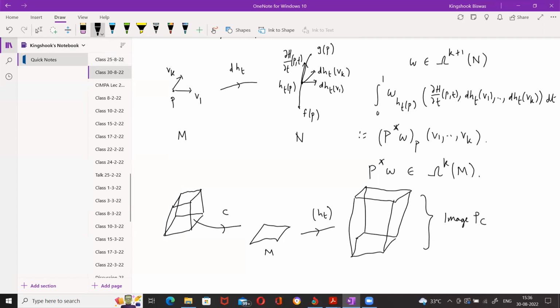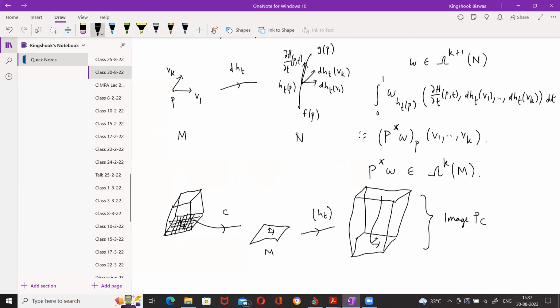Now, what is the integral of omega over this big k+1 thing? What you can do is a Fubini. You divide up C into small pieces, the bottom here, right? And so at the bottom you get these vectors e1 to ek. And then we do what we did in this picture here. I get vectors v1 to vk here. And so that will give me vectors here. And then I flow them along.